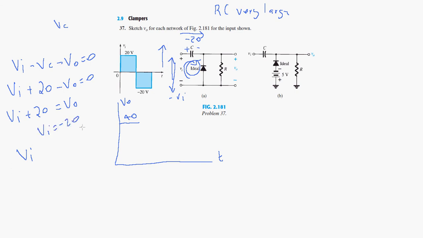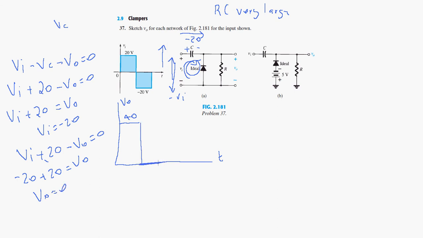So we have VI minus the voltage across the capacitor here, which is plus 20, and then minus V naught is equal to 0. So then we have minus 20 minus 20... so that V naught is equal to 0. So on that cycle we have V naught equal to 0.